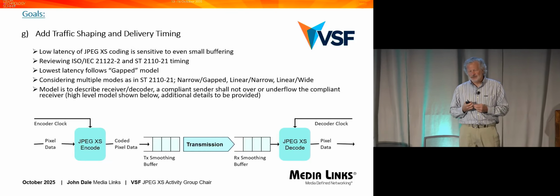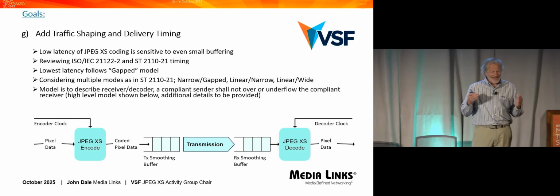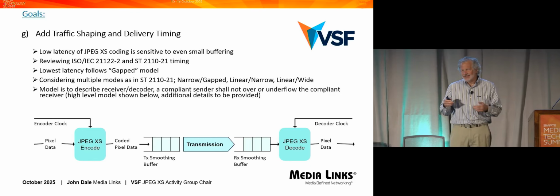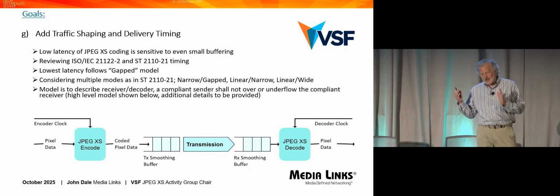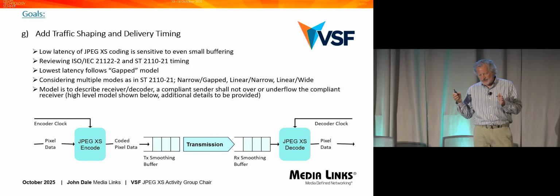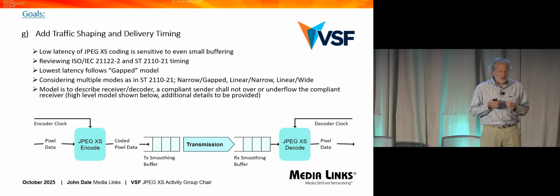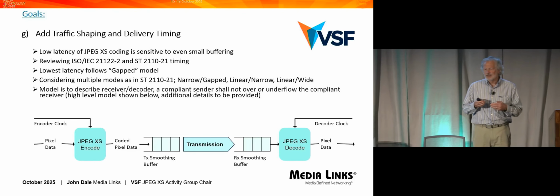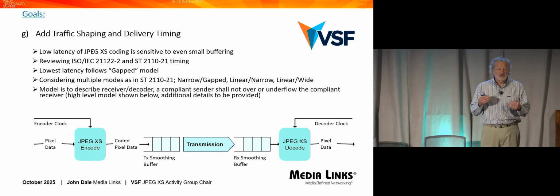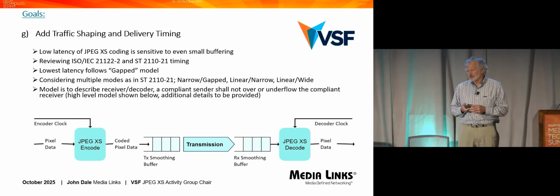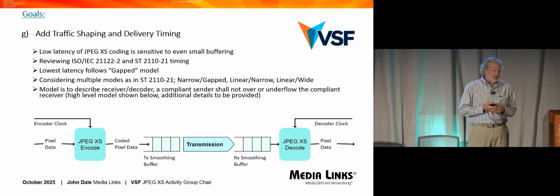A gapped transmission is transmitted during the active picture area, having that pixel content very close together, as opposed to a linear model, which is spread out over the whole frame. You have a little bit more time between transmissions. So both will be accommodated.